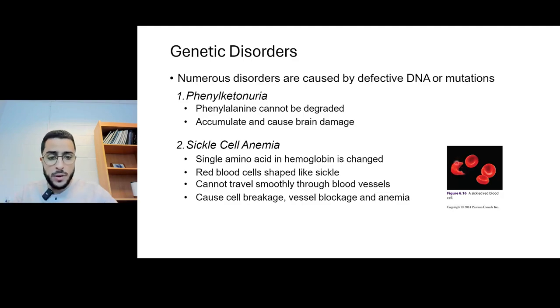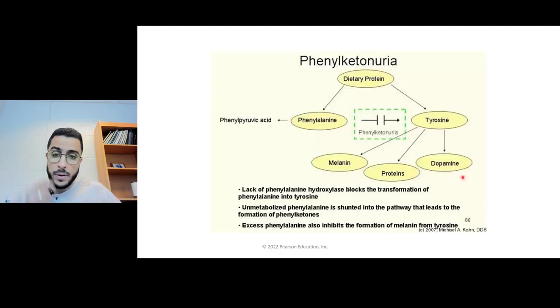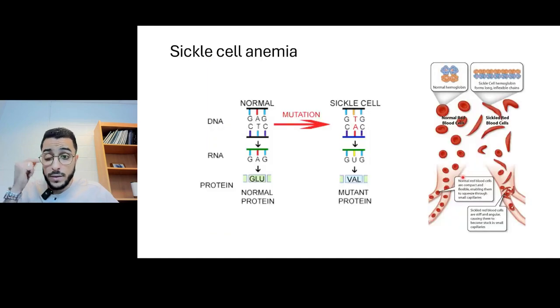And this shape travels less well in the blood vessels. Because of that, you have a poor transport of oxygen, and this can cause many problems, including vessel blockage, because these forms will clump together, and it can lead to anemia as well.